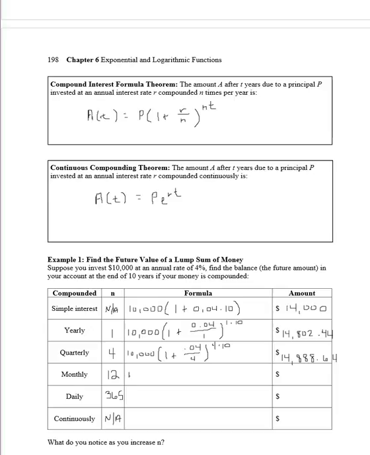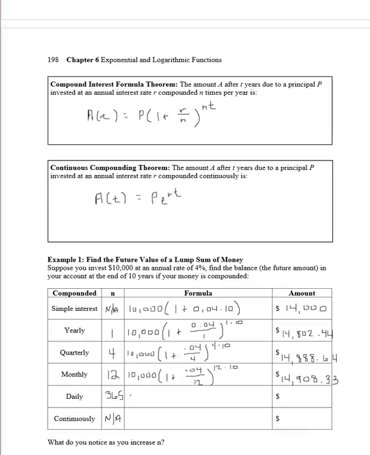For compounded monthly, we're still using the compound interest formula. So 1 plus 0.04 over 12 to the 12 times 10. And this time, we crunch the numbers in the calculator. We get $14,908.33.